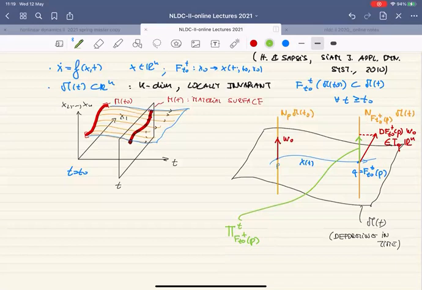It's not just where I'm projecting, but also how I'm projecting, because the normal space changes its orientation. And I then take that and apply that to this derivative map, which has carried forward W naught, and this is what I defined as W t. Okay, so that's W t.